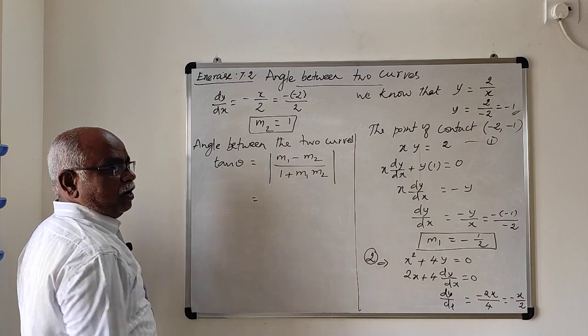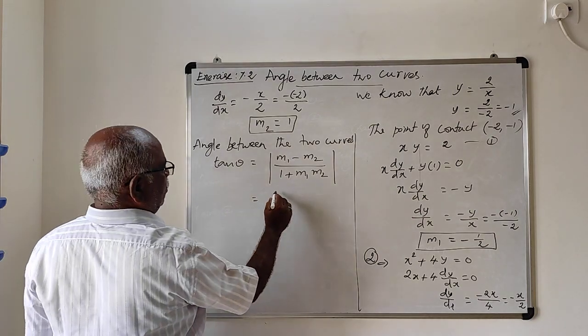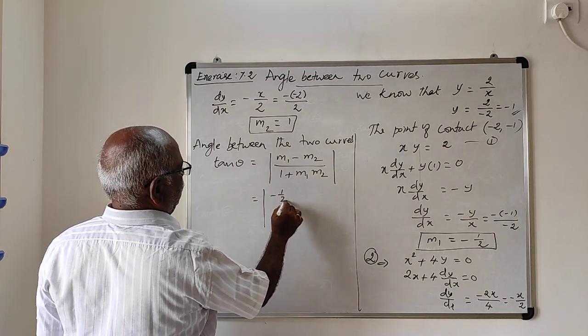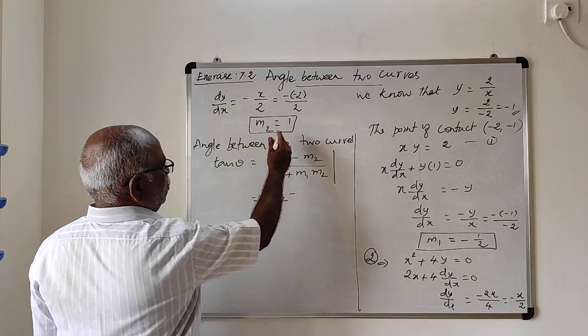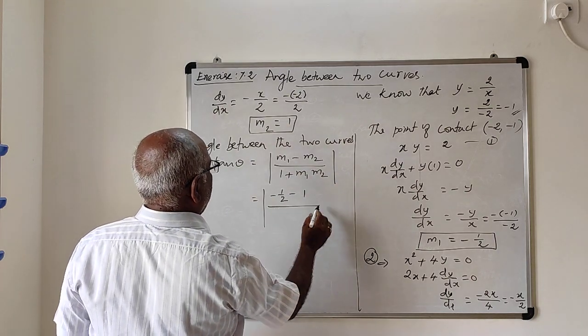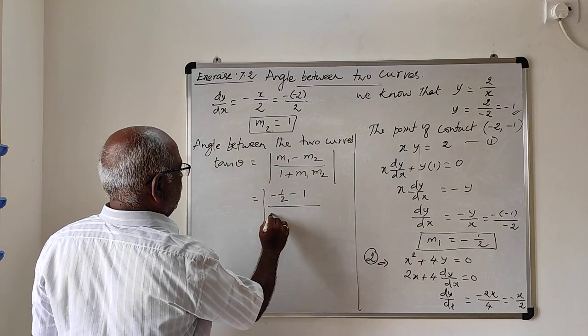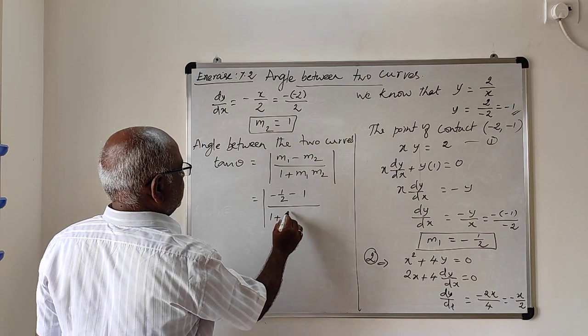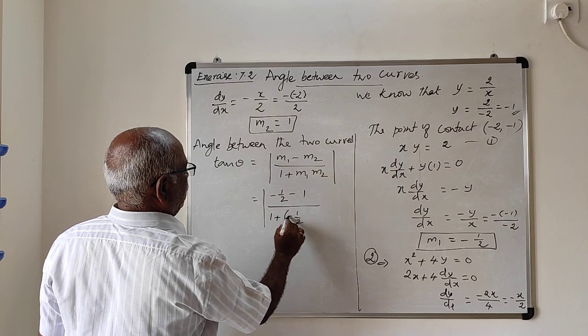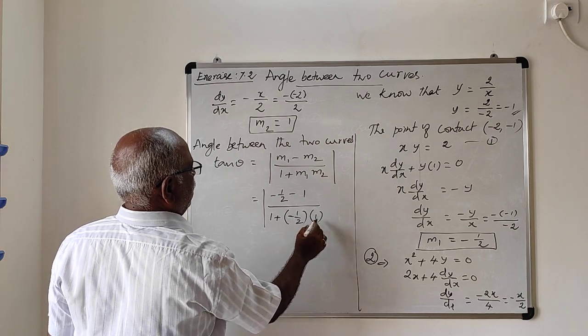That is equal to modulus of M1, minus 1 by 2, minus M2, which is 1, by 1 plus M1, minus 1 by 2, into M2, which is 1.